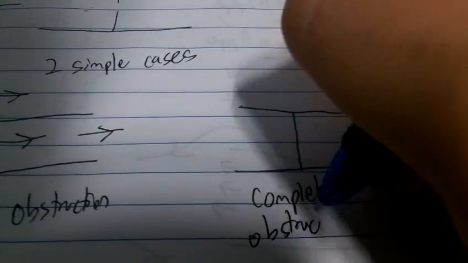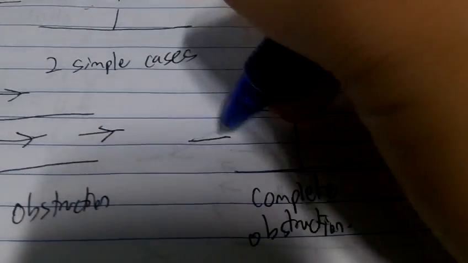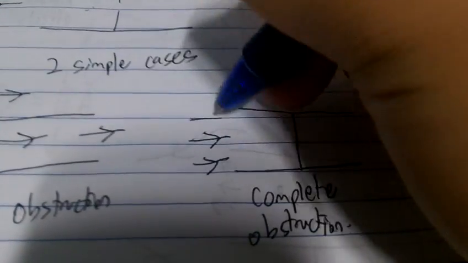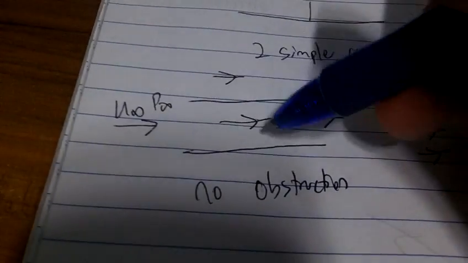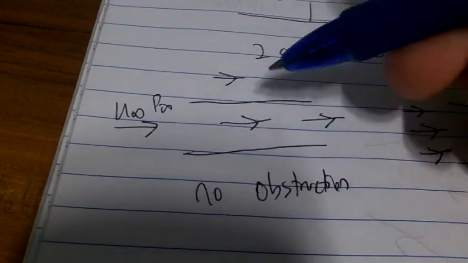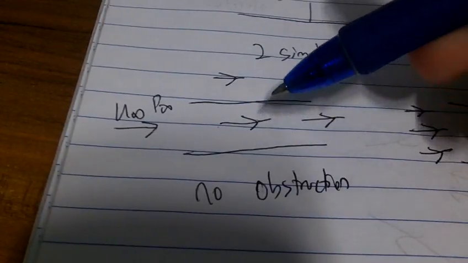Second of all, there's a case where the pipe is completely blocked off. There's nothing too interesting about the fluid flows in the first case, because it's almost as if the pipe isn't there, because we neglect the shear forces.